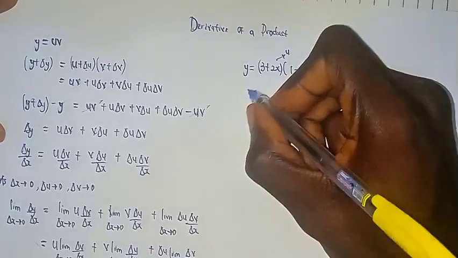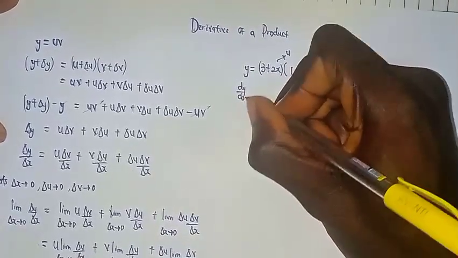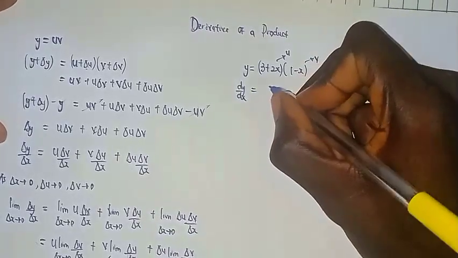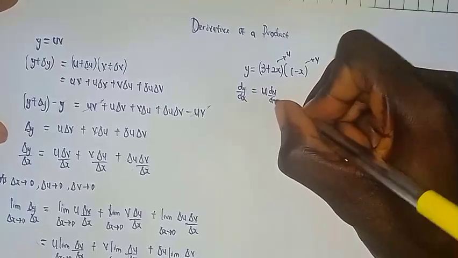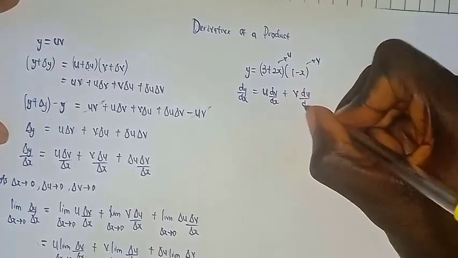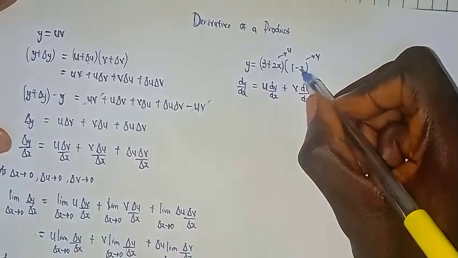So this becomes our dy over dx from our formula, product rule formula, becomes u dv over dx plus v du over dx. So this is u and then this is v.